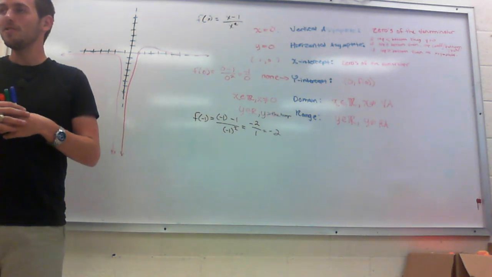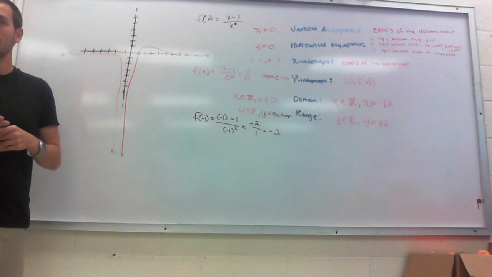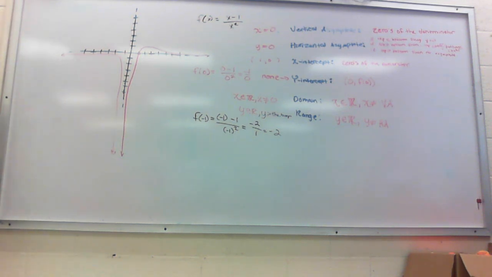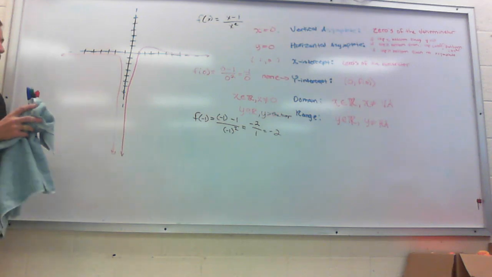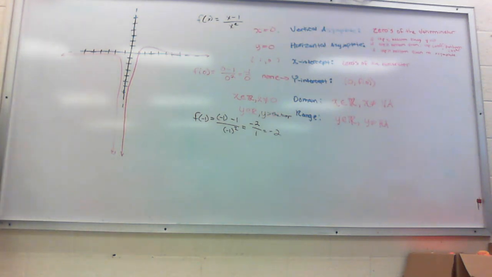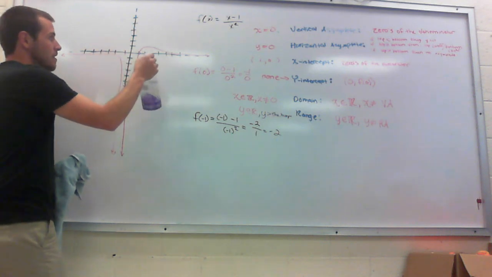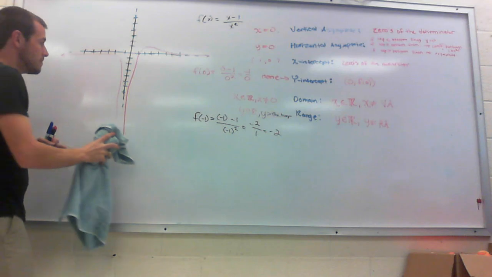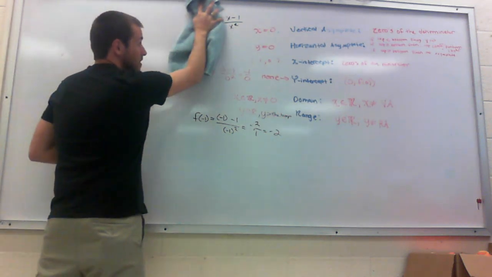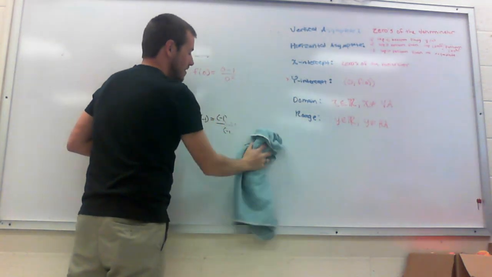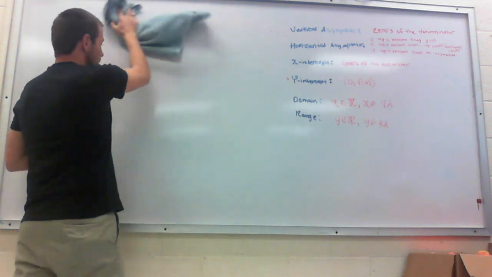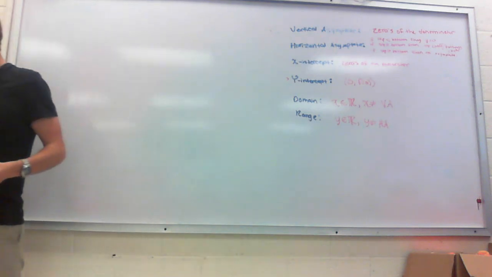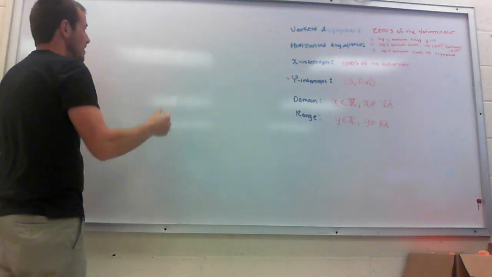Any other general questions over this problem? All right, I'm going to go ahead and erase this and put up the next problem. This next problem is going to be changed a little bit differently as well. I'm going to go ahead and draw my graph.